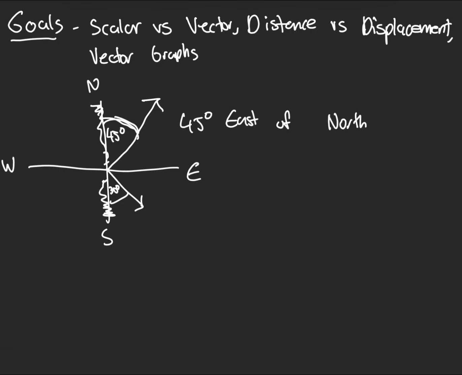So it's 30 degrees south. Then we have a blank here. So it's 30 degrees blank of south. Well, it's pointing south and east. So the only other option besides south would be east. So it's 30 degrees east of south.